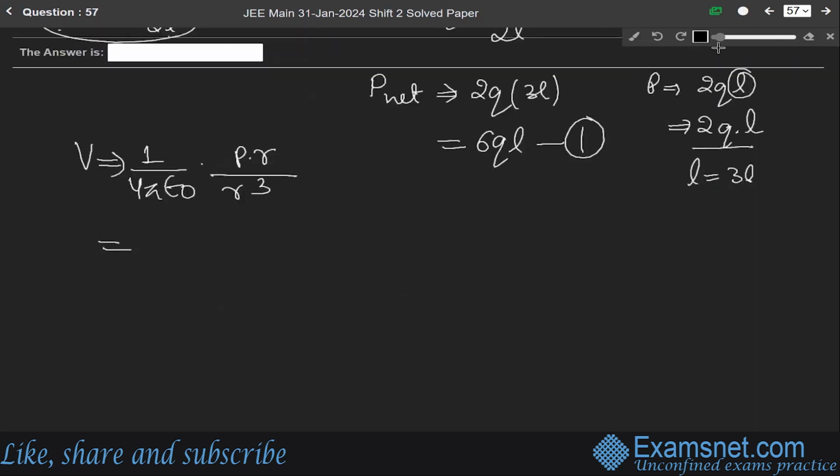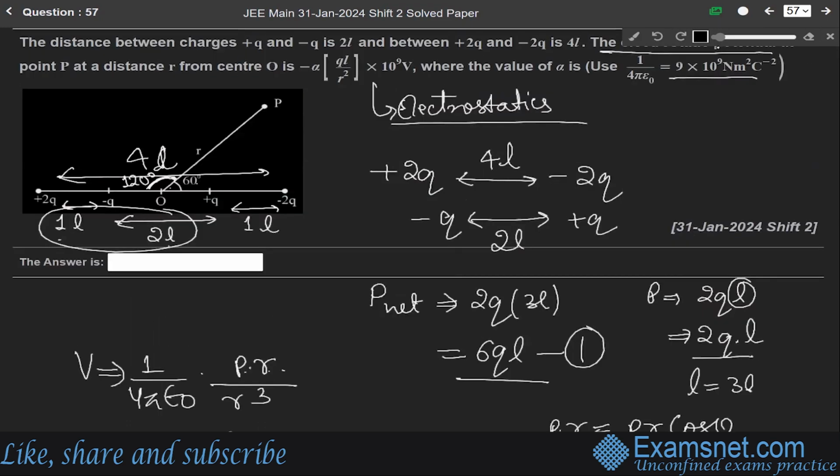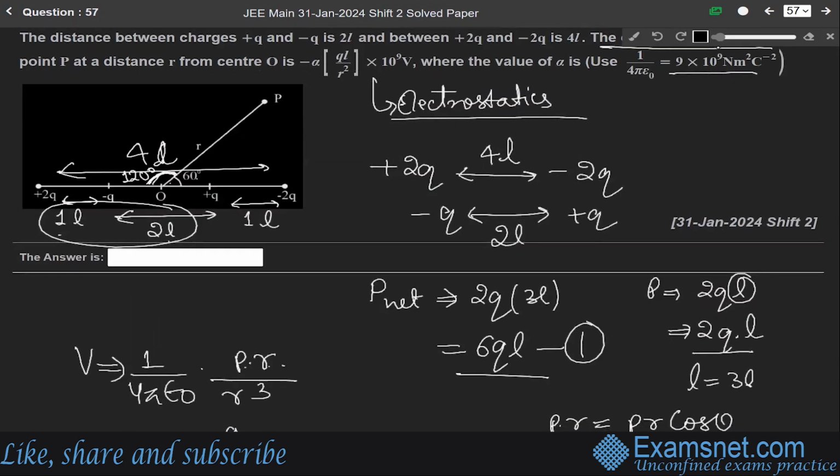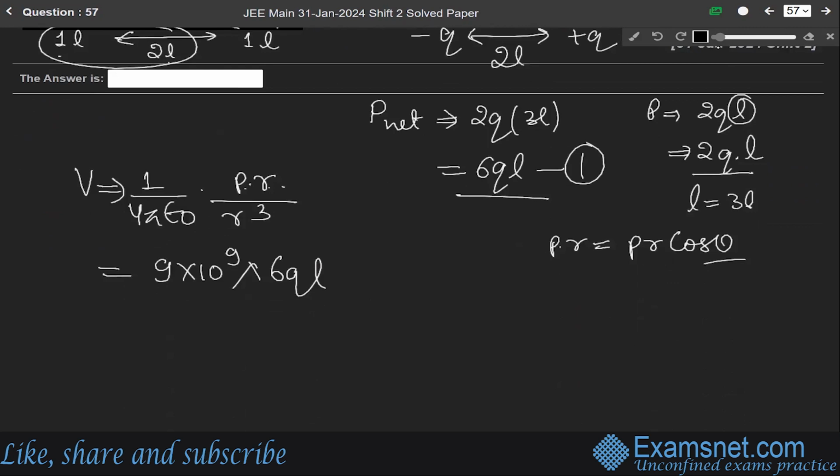So it will be equal to 9 into 10 to the power 9 into P. P is what? 6QL into P dot R. P dot R means PR cos theta. And here theta is what? This 120 degree. So 6QL into cos of 120 degree, and this R remains R square.